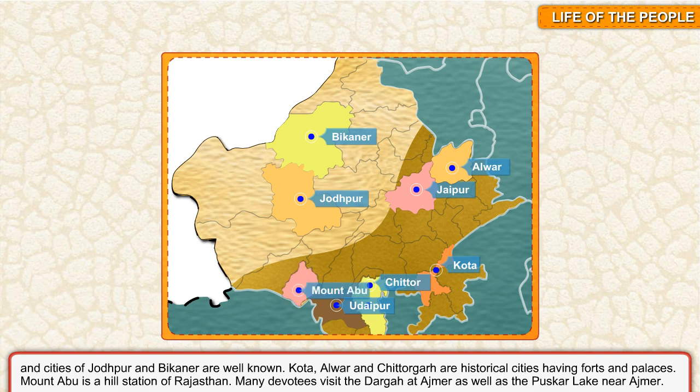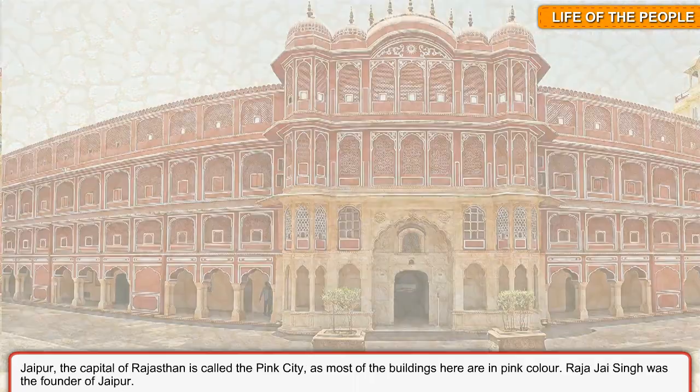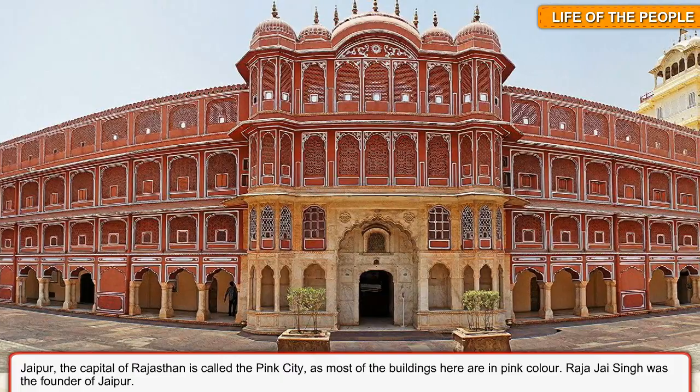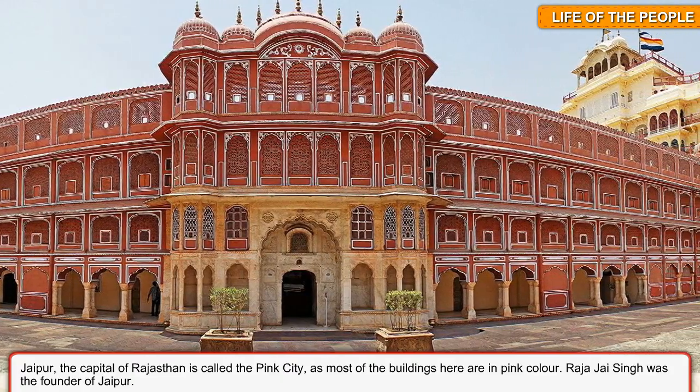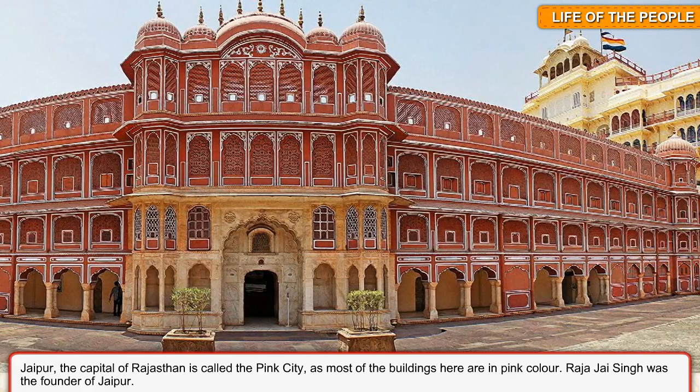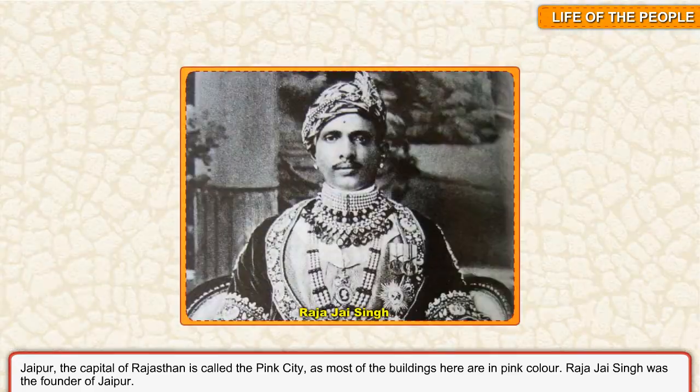Mount Abu is a hill station of Rajasthan. Many devotees visit the Dargah at Ajmer as well as the Pushkar Lake near Ajmer. Jaipur, the capital of Rajasthan, is called the Pink City as most of the buildings here are in pink color. Raja Jai Singh was the founder of Jaipur.